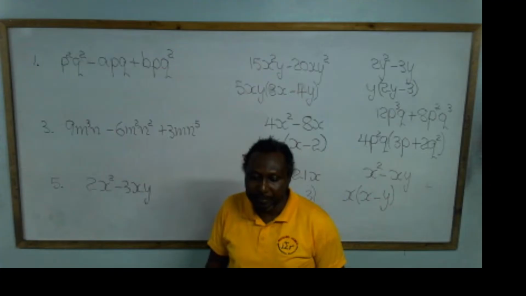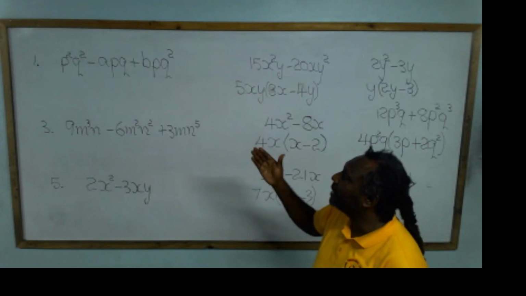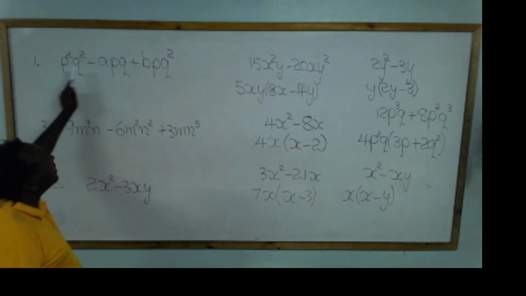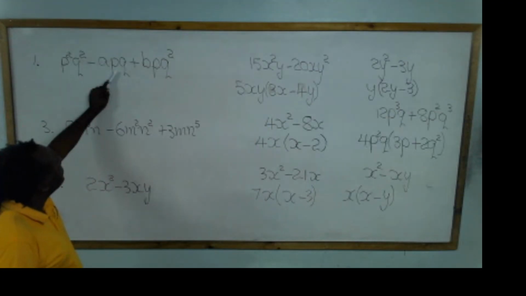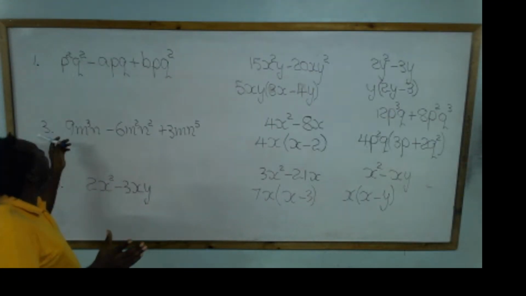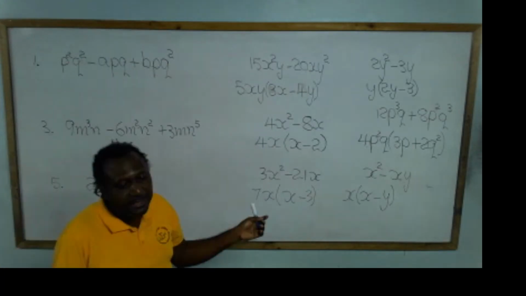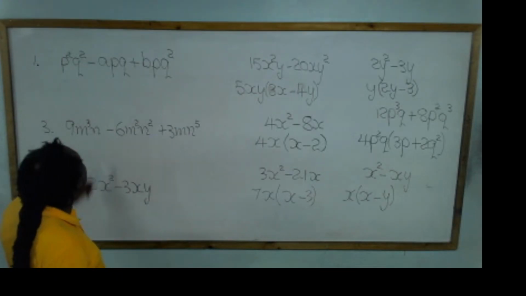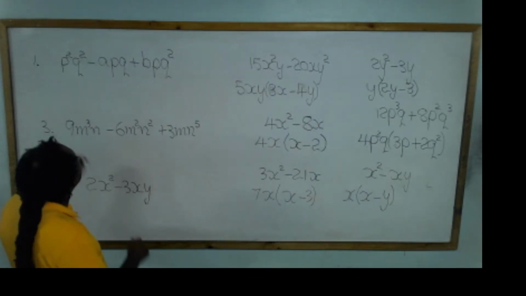Because if you're trying to find the highest common factor, you realize that P and Q alone are present in all. So because A is not in this first term, nor this term, and because B is not in this term or this term, then we know that B cannot be a part of the highest common factor. So we have to go with the P's and the Q's. So we have P squared, PP. So we are going to use P in our highest common factor.